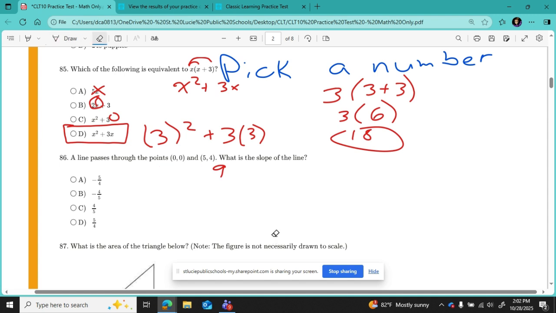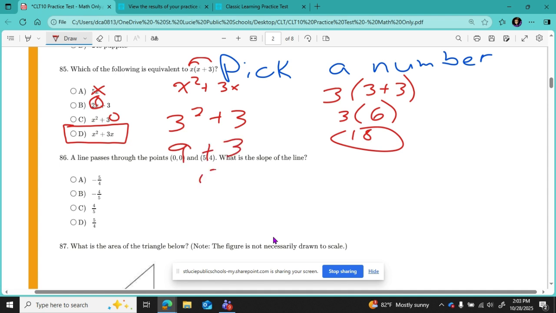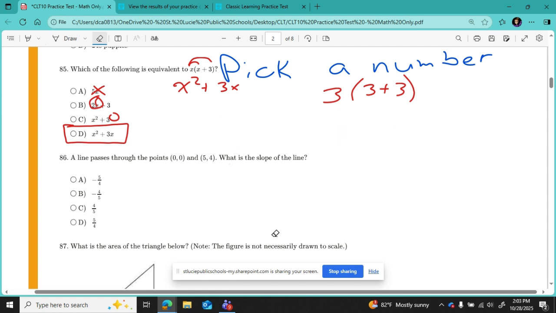And if I would have tried to do that on one of the incorrect answer choices, if I tried to put that for C, I would have gotten 3 squared plus 3, which would be 9 plus 3 is 12, which is not the same as 18. That's one way you could use the pick a number strategy. Maybe you didn't need it for this question, but maybe another question it would help you to solve.